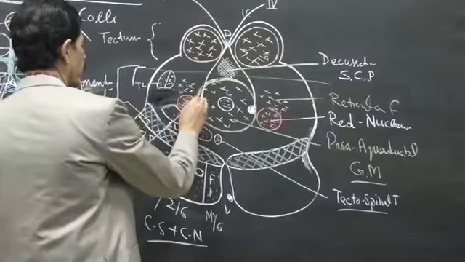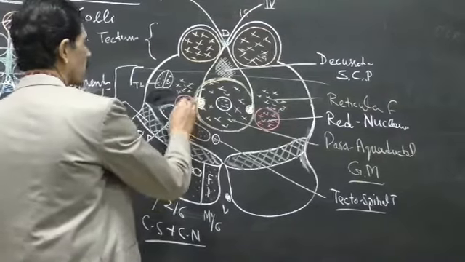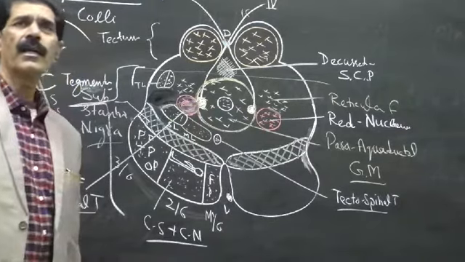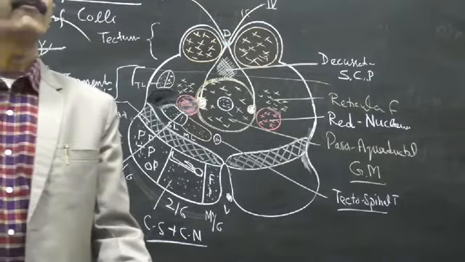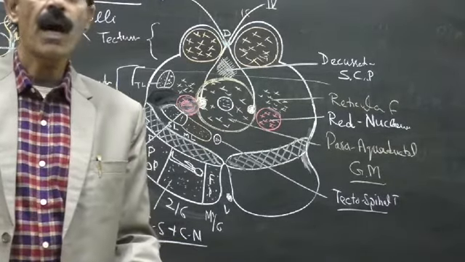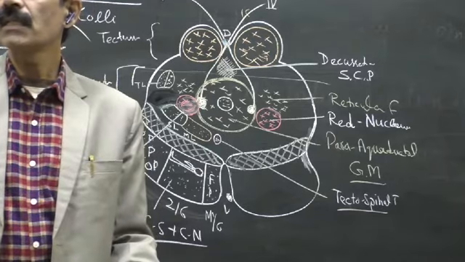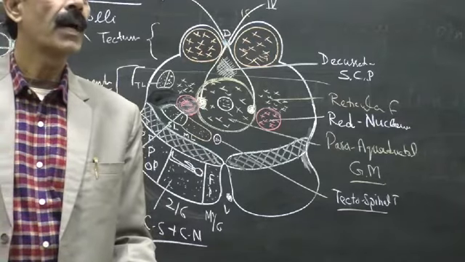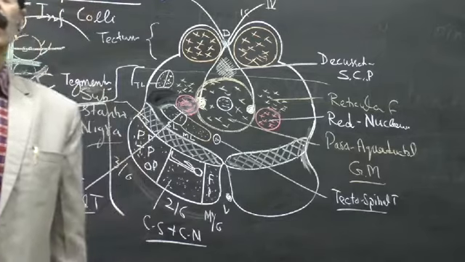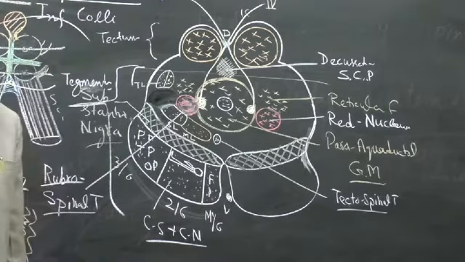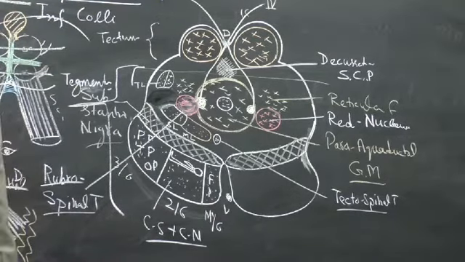So why is it called the red nucleus? Because the cytoplasm of the neurons of the red nucleus contains ferritin, an iron pigment. Because of this, it gives the iron oxide color, that is, the reddish color. That's why it's called the red nucleus.